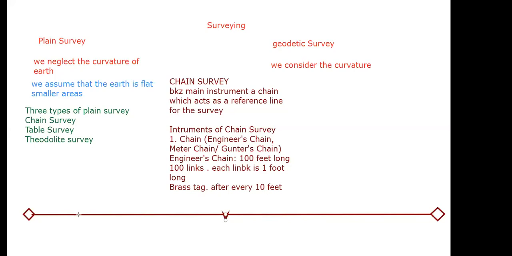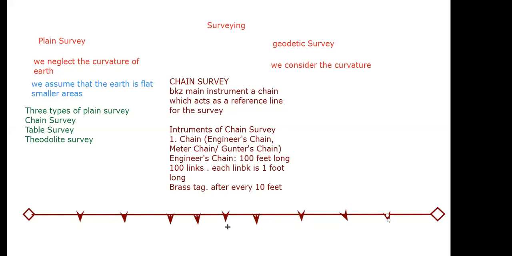Then we have a brass tag after every 10 feet: 10, 20, 30, 40. The spaces are not equal because I'm not measuring it right now, just doing it. 10, 20, 30, 40, 50, 60, 70, 80, 90, and then 100. So these are the brass tags.